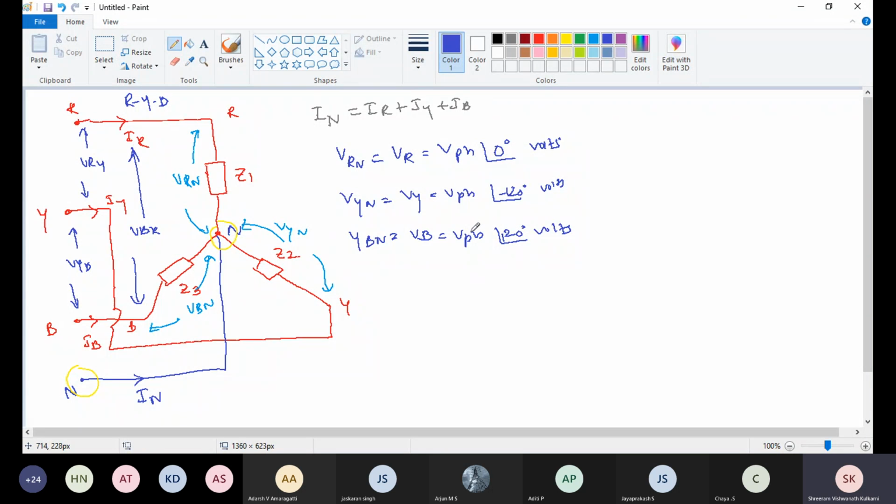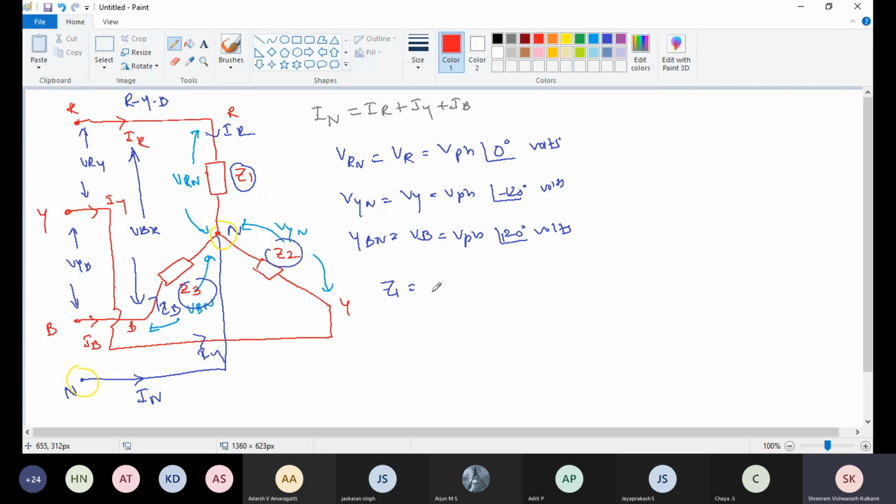Now if I write the equation for the impedances Z1, Z2, Z3, look at the currents IR, IY, IB. Tell me the equation for Z1, simple Ohm's law.